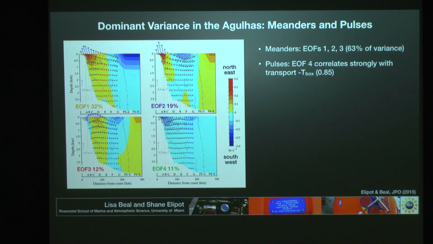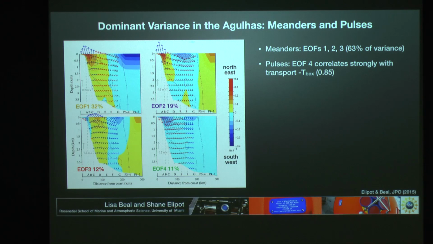The dominant variance in the Agulhas is those meanders. And so briefly, just showing you, you can see that in this EOF analysis. So we looked at the eigenmodes of the velocity data from our 3 years. And we find the leading eigenmode basically looks like a meander mode.